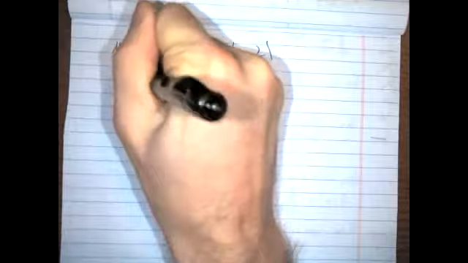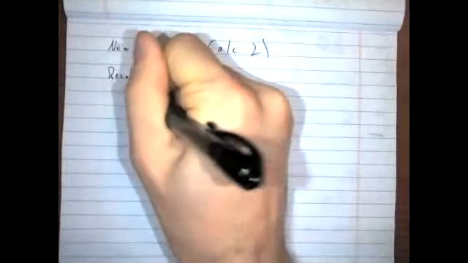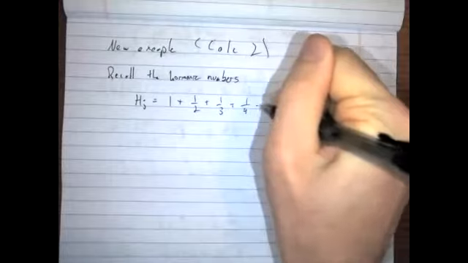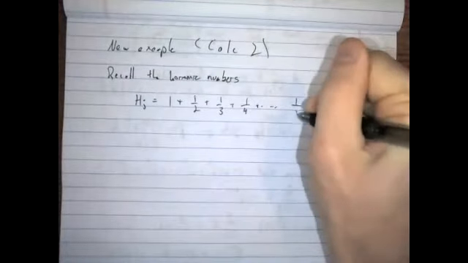Okay, so recall, I'm going to define a number called a harmonic number. The harmonic numbers, which are H_j, is equal to 1 plus 1 over 2 plus 1 over 3 plus 1 over 4 plus all the way up to 1 over j.